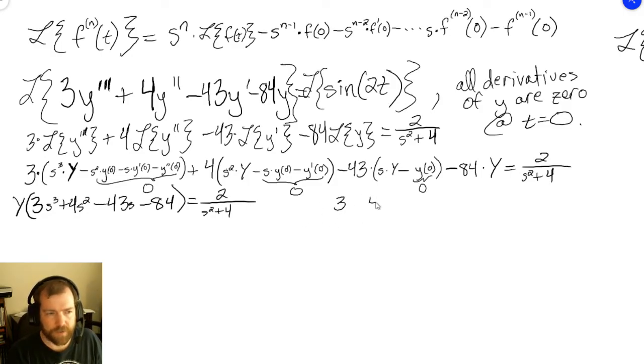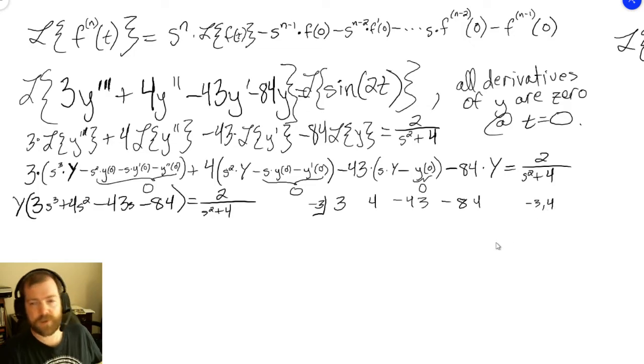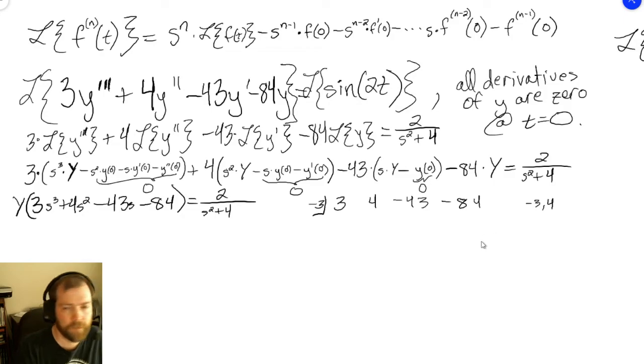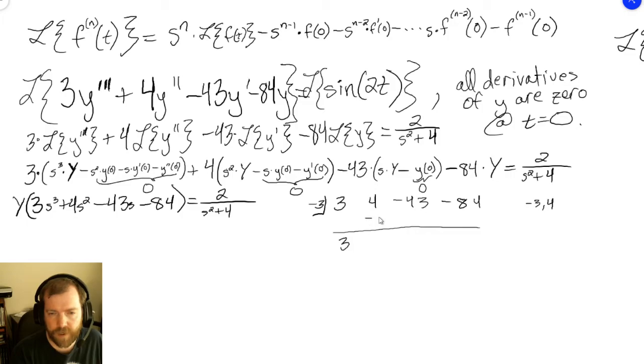So this is going to be 3, 4, negative 43, negative 84 using synthetic division. Negative 3 and positive 4 are going to be the easy zeros. A negative 3 makes this 3, negative 9, negative 5, positive 15, negative 28, and we better hope that this comes out to 84, so yeah, 84, 0.